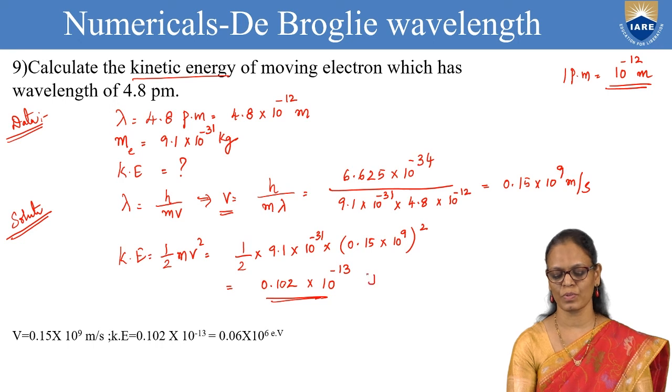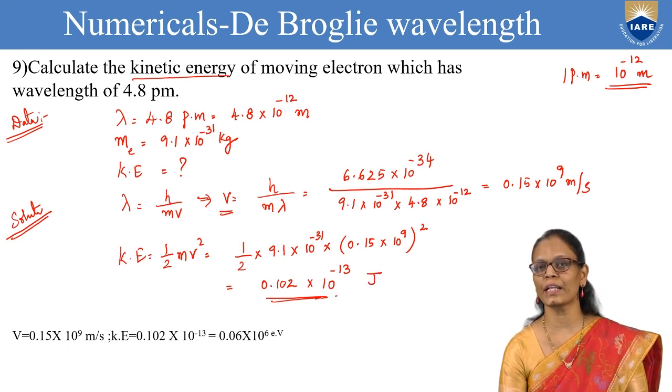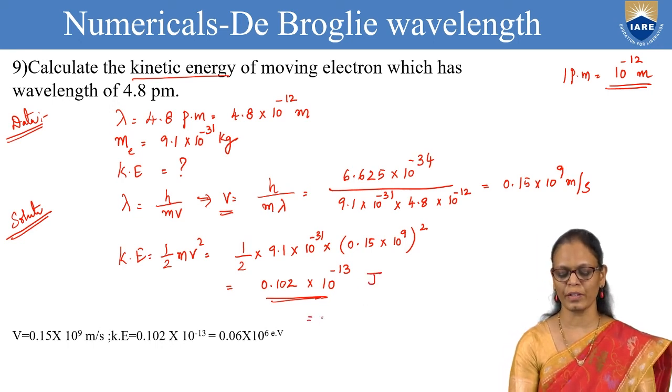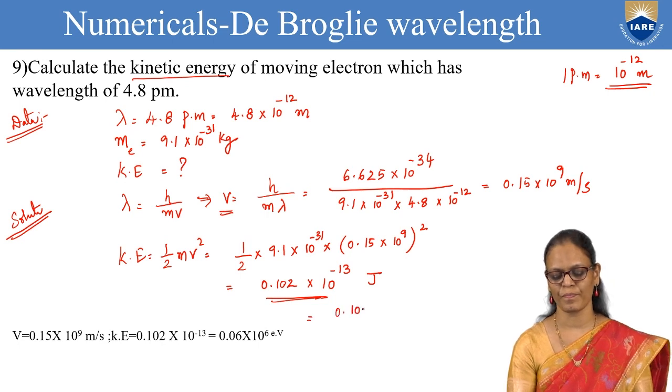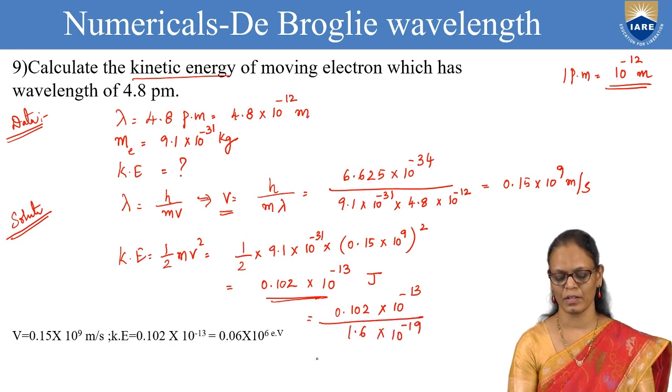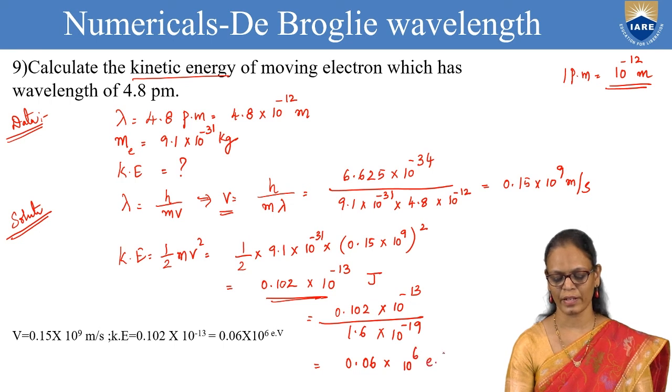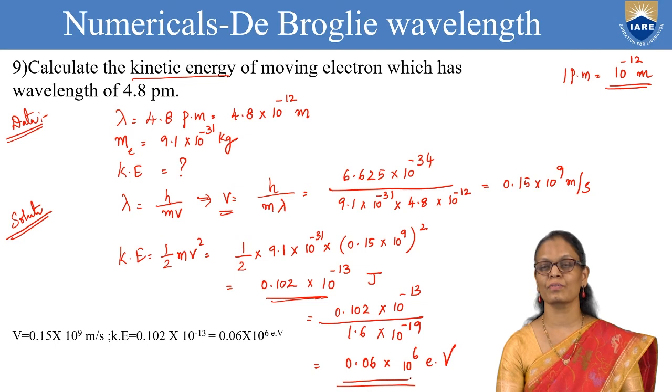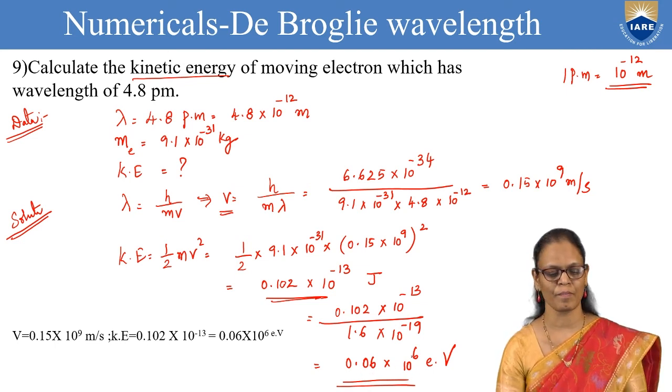This is in joules. If you have to convert it into electron volt, again you will divide it with 1.6 into 10 power minus 19. So the answer will be 0.06 into 10 power 6 electron volt. So the kinetic energy in electron volts is given by 0.06 into 10 power 6.